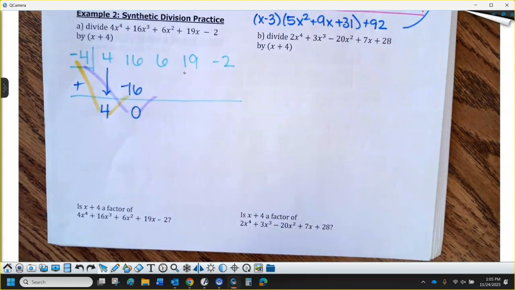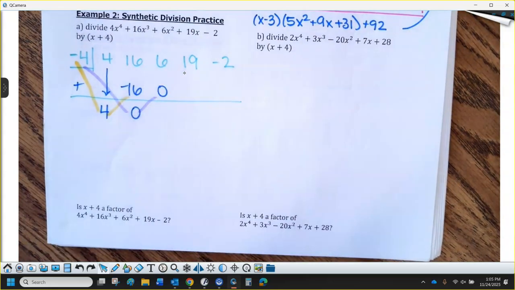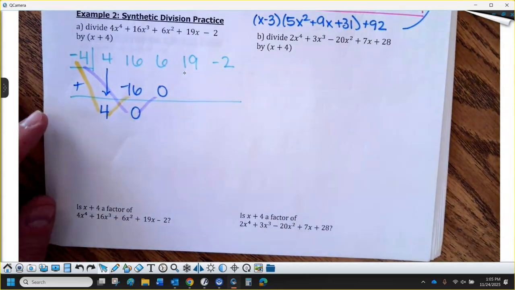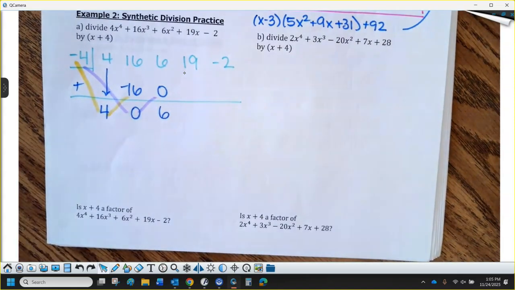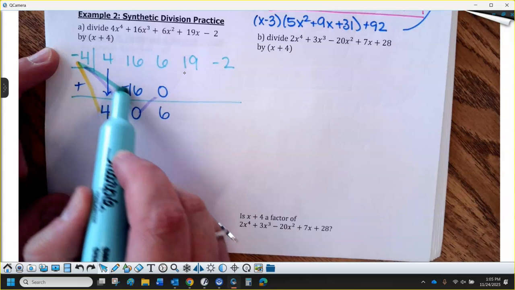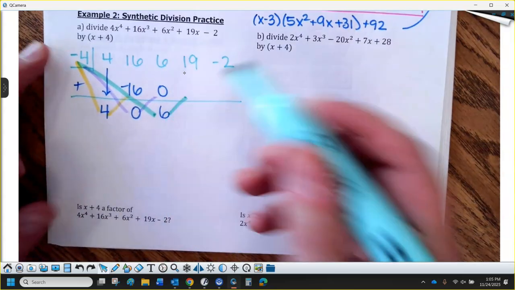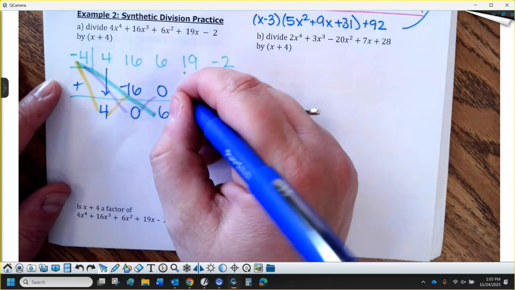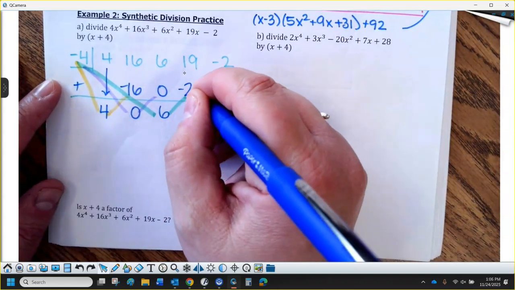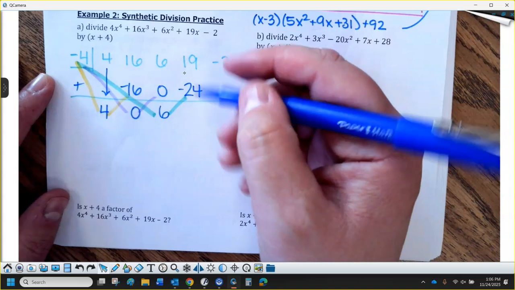So anything times 0 is 0. And I'm going to add that to the 6 that's stacked on top of it. So 6 plus 0 would be 6. And then we're just going to repeat. So then I'm going to multiply by the number below the line, put it in the next open spot above the line. So negative 4 times 6, guys, is negative 24. Add that to the 19.